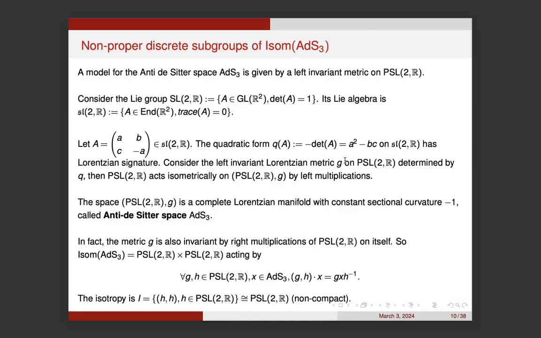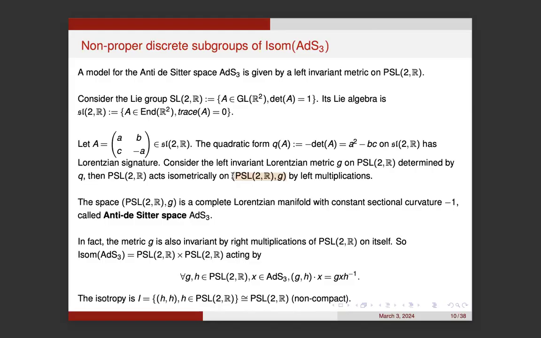We call this metric left invariant, meaning that the left multiplications of the group on itself act isometrically on the metric. So I get a Lie group PSL(2,R) with a left invariant Lorentzian metric on it, and this is my space.